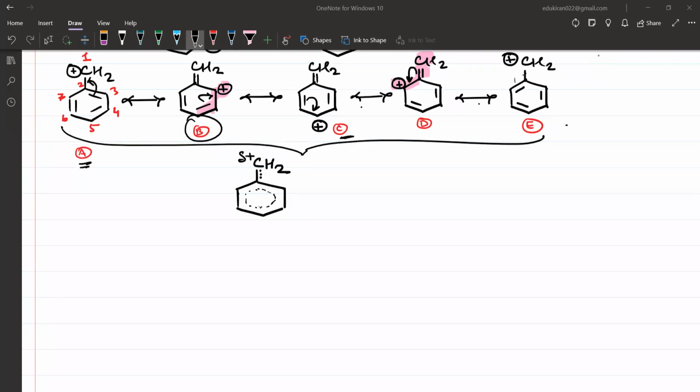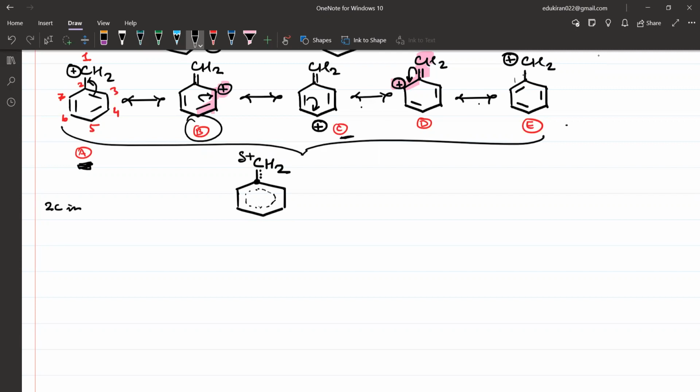Now, what about the second structure? Abdullah, keep your mic on. Abdullah, tell me for the second structure, is it charged or neutral? Second carbon atom, A structure.